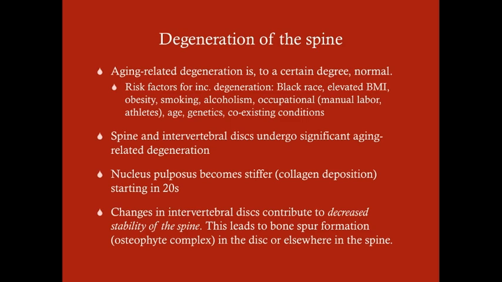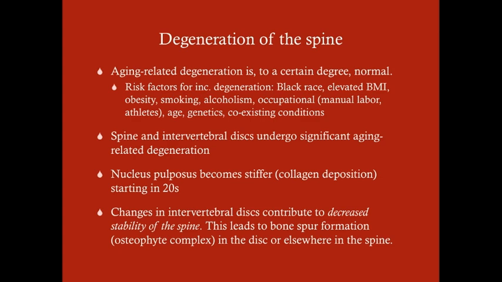And then non-modifiable risk factors such as your race. Black race tends to be associated with more spinal disease, faster degeneration, and then of course age, genetics, and coexisting conditions.